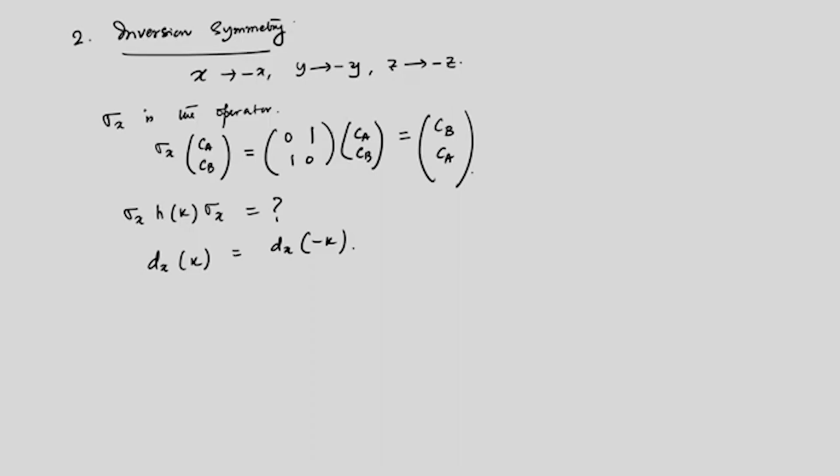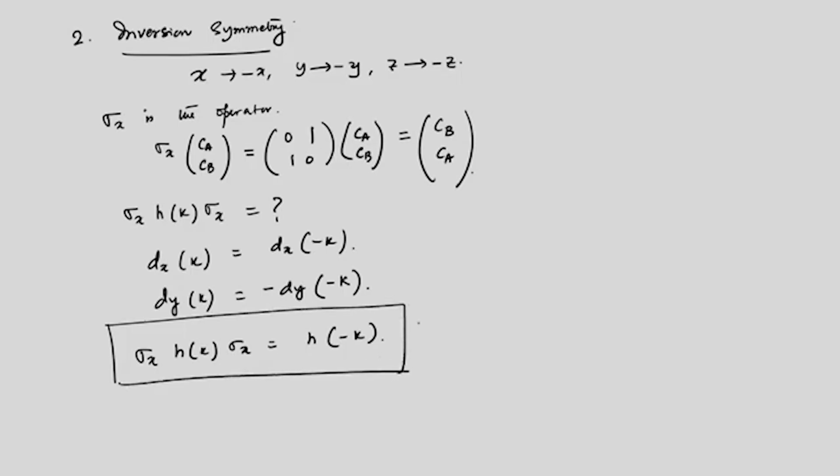Since r changes sign, the k will also change sign, and that is what is shown here. And similarly dy(k) is the same as dy(minus k). Okay. So that tells you that sigma x h(k) sigma x is equal to h(minus k). Okay. So this is the inversion symmetry of the SSH model.